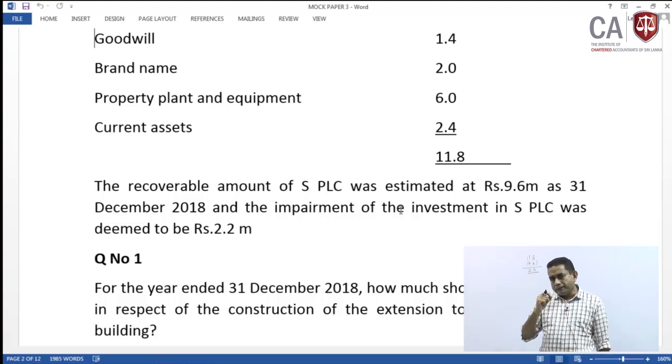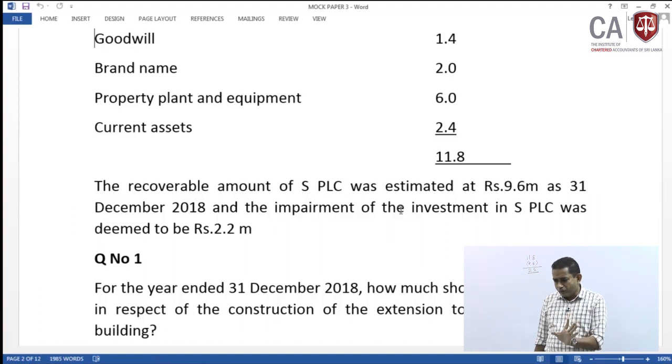Now, if it is a CGU, you should allocate the impairment losses to the individual assets of the CGU except for the inventories, except for financial assets, except for investment properties carried at fair value, except for biological assets, except for the non-current assets held for sale, except for plan assets under a defined benefit plan of LKAS 19.